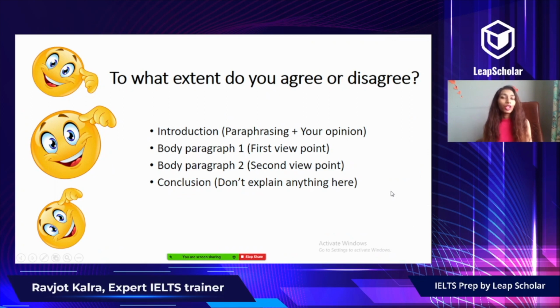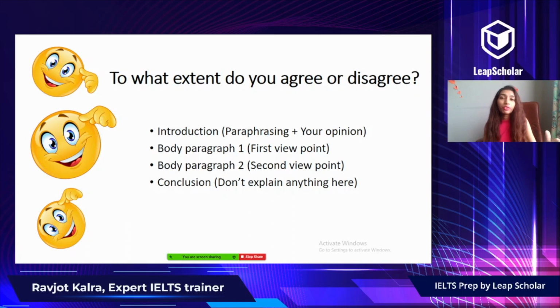So this is the question for today: to what extent do you agree or disagree? Irrespective of the question, you always start with the structure. This is a common structure for each and every type of question. Whether you talk about do you agree or disagree, or to what extent do you agree or disagree, or any other type of question, the introduction and conclusion will remain the same irrespective of the type.